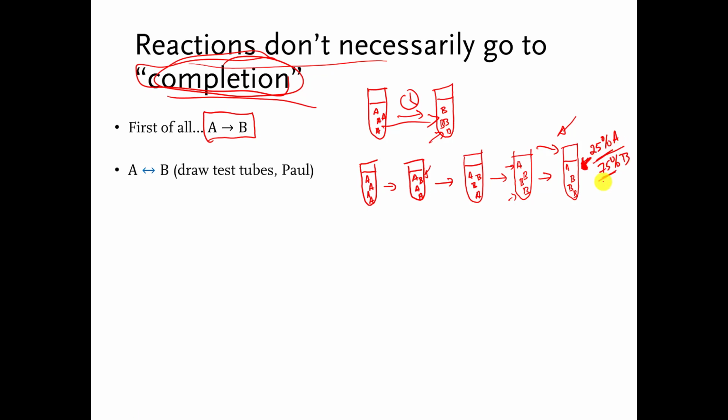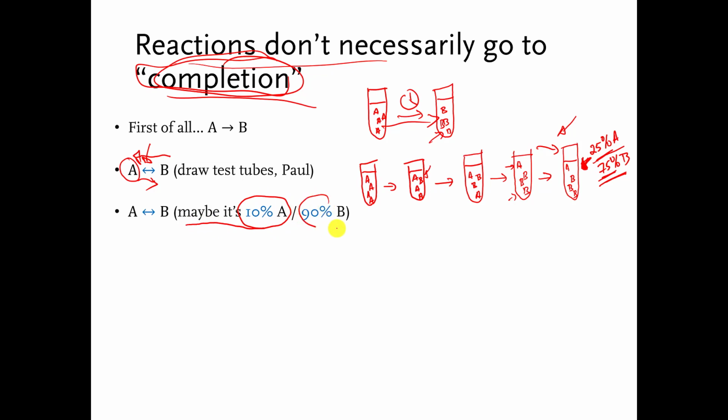Different chemical reactions will end up with different amounts of reactants and different amounts of products when they kind of stall out. The other thing I want to point out here is that drawing a two-way arrow is a more realistic example of what's happening, because A can turn into B, but the reaction can also run backwards and B can be converted back into A. As another example, the ending percentages could be 10% A, 90% B. It doesn't have to be 25%, 75%.